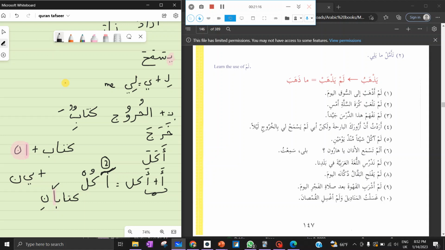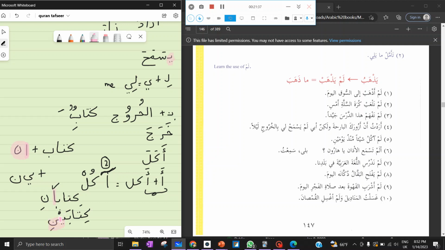And when I write in mansoob and majroor, kitabaini: ba, ya and noon. What you have to see is the difference: the noon and the ya in mansoob case.